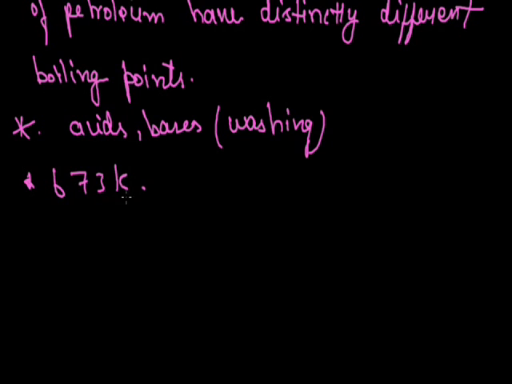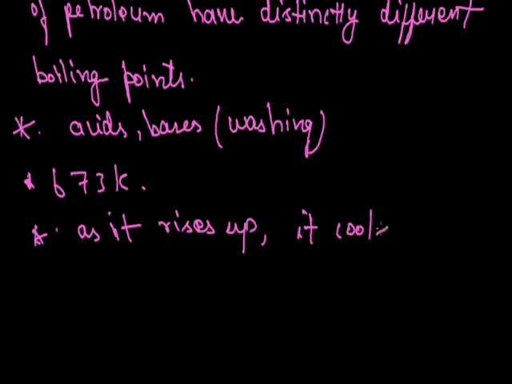At this temperature, all the oil vaporises. As the mixture of hot vapor rises up in the column, it cools. The compound with the highest boiling point condenses first and is collected.